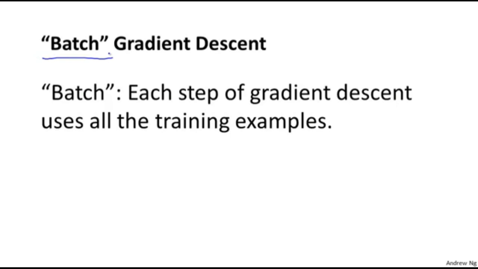When computing derivatives, we're computing these sums, so in every step we end up computing something like this that sums over all m training examples. The term batch gradient descent refers to the fact that we're looking at the entire batch of training examples. Again, this is maybe not a great name, but this is what machine learning people call it.